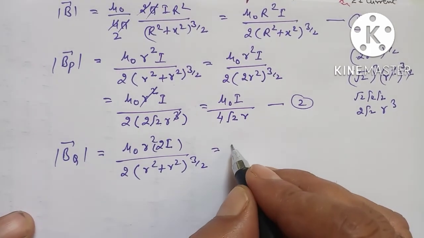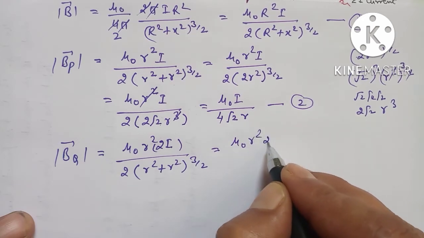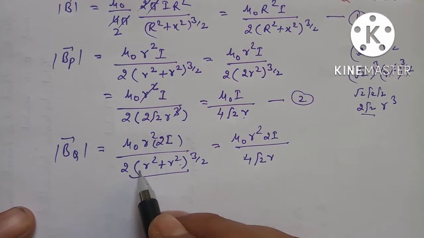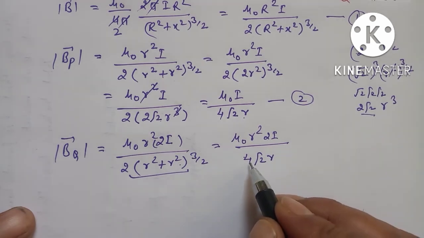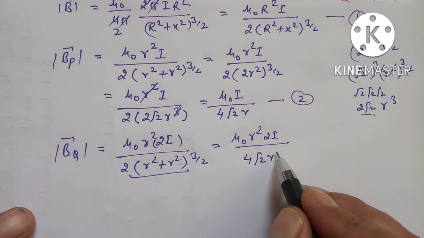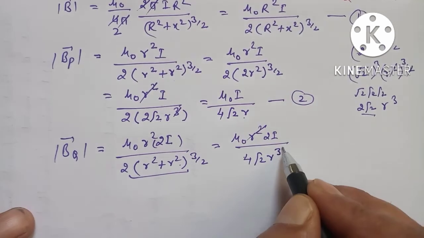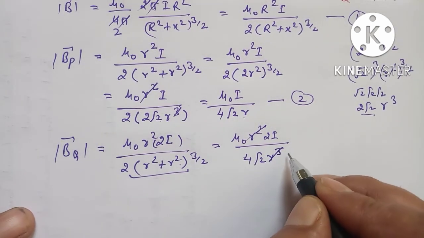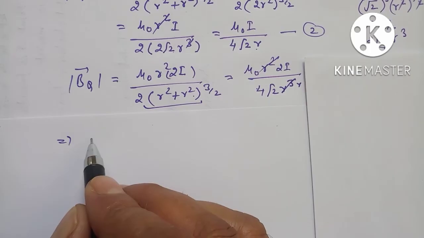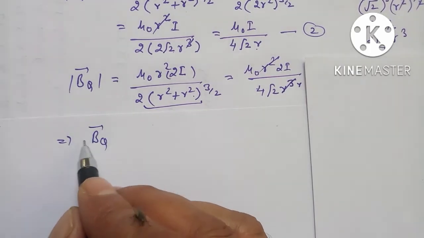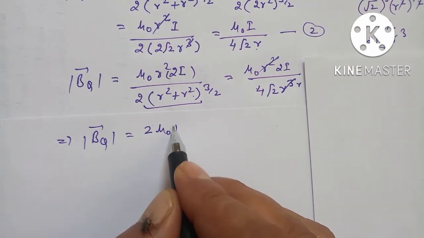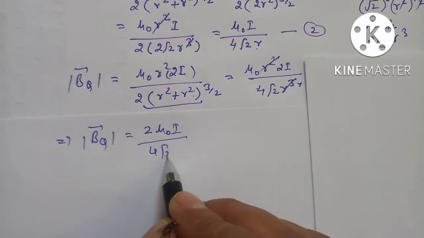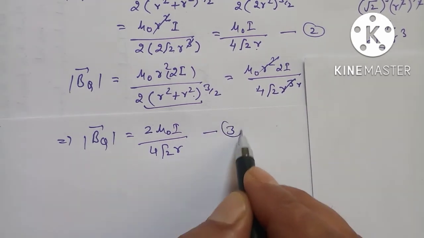This equals mu naught r square 2I over, when we solve (r square plus r square) raised to power 3 by 2, we get 4 root 2 r cube. Here r square cancels with r cube, and only r is left. The magnitude of BQ vector equals 2 mu naught I over 4 root 2 r. This is equation number 3.